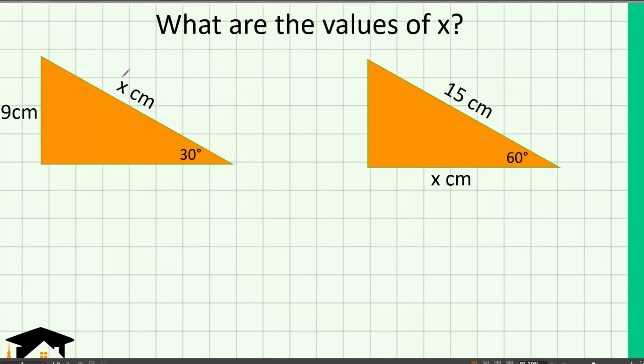In this first one, we have x, that is the hypotenuse, and the side that we're given is the opposite. So the opposite and the hypotenuse are related with the sine.